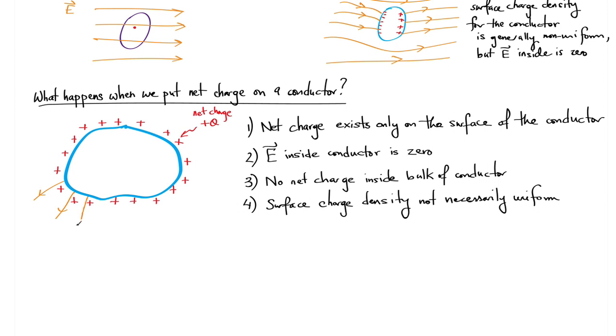Something like this, right? So it won't necessarily look like a point charge at all, at least locally close to the surface, depending on what the shape of the conductor is.